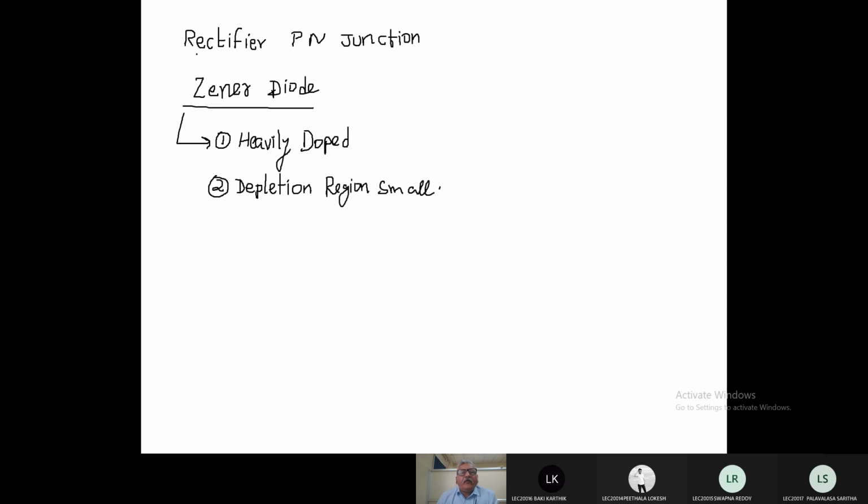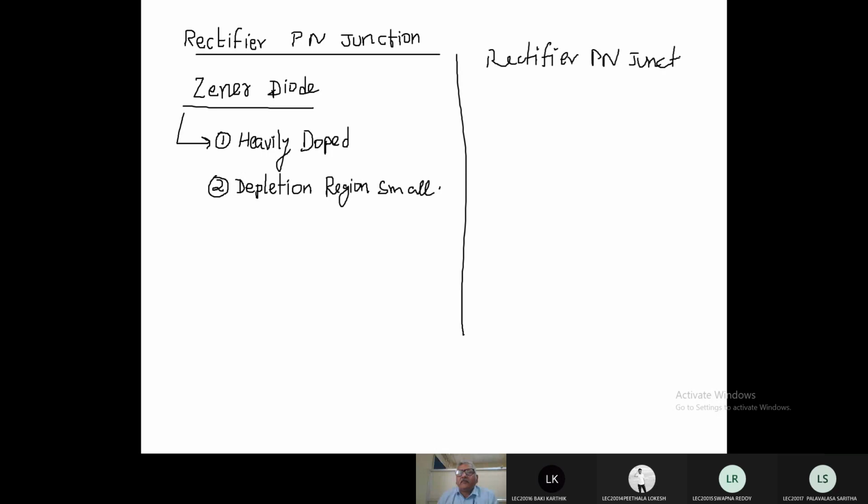Now here I write rectifier PN junction. In the rectifier PN junction, the doping is light. The P type and N type impurities are lightly doped in a rectifier PN junction diode.